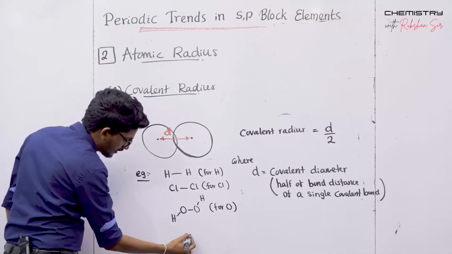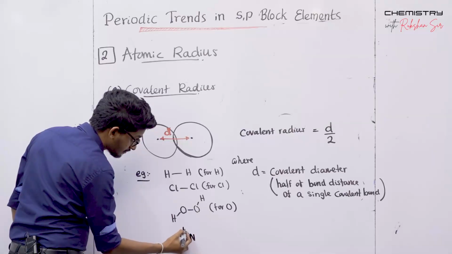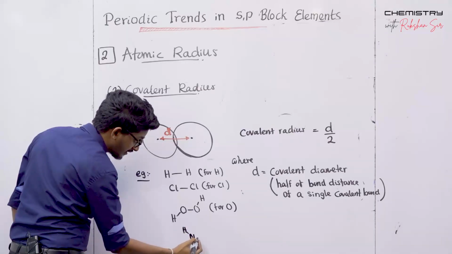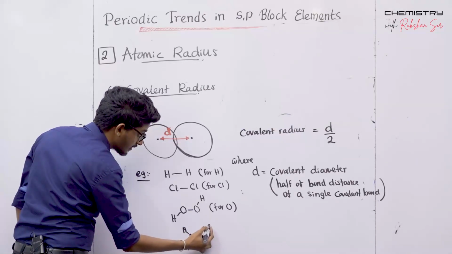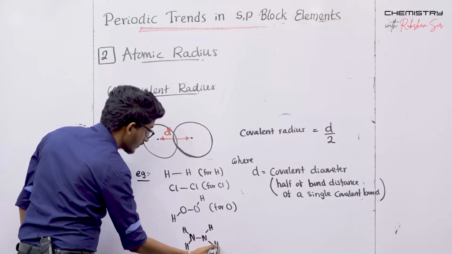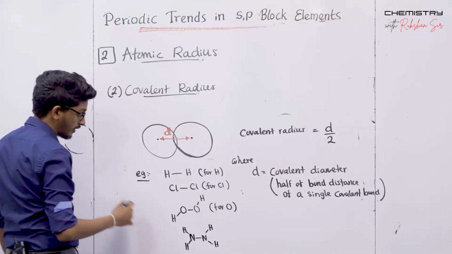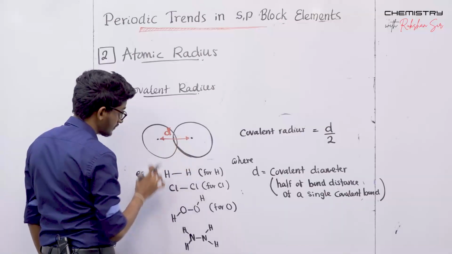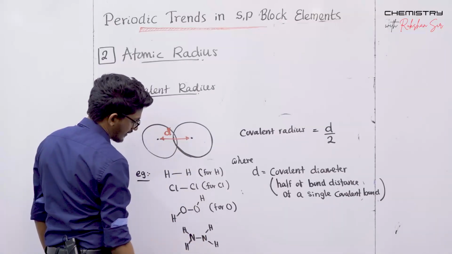And we are going for the hydrazine molecule to calculate the covalent radius for nitrogen.